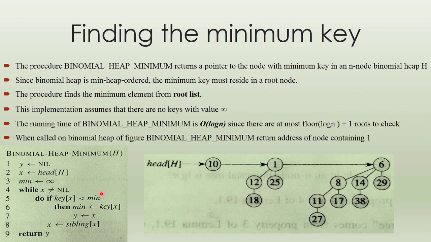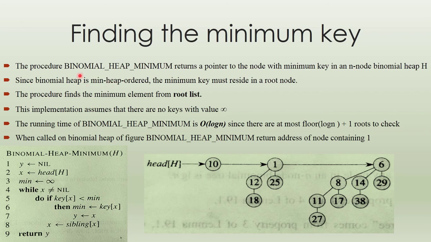The procedure binomial heap minimum returns a pointer to the node with the minimum key in an n node binomial heap H. Since a binomial heap is min heap ordered, the minimum key must reside in a root node. The procedure finds the minimum element from the root list. The implementation assumes that there are no keys with value infinite.